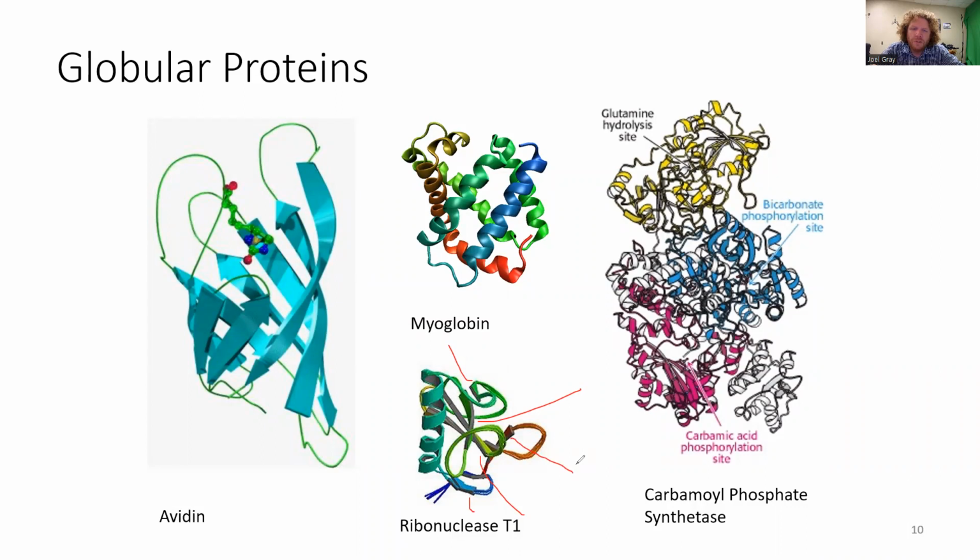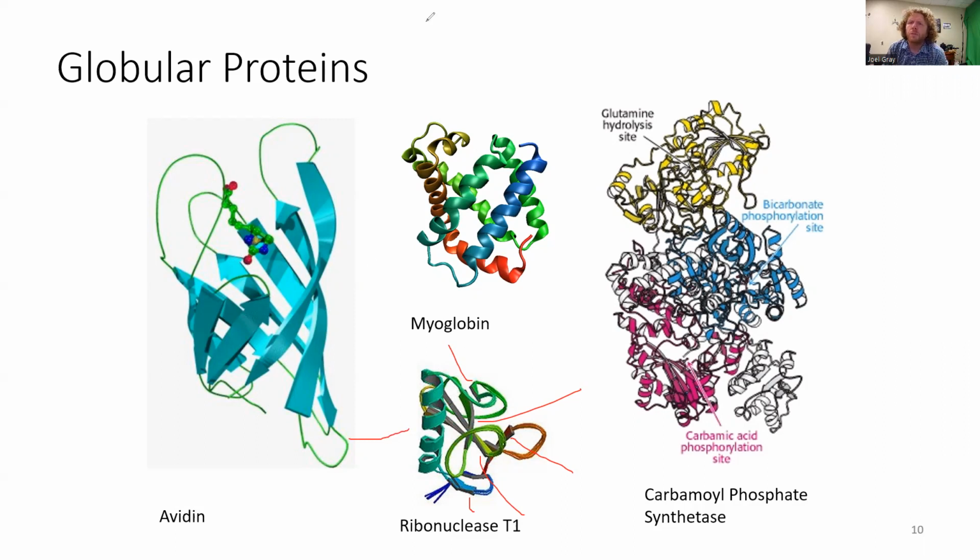So I've got some beta strands in there, and then on the left-hand side of the structure, I've got an alpha helix. So this is a combination of alpha helices and beta sheets. Then if you look at carbamoyl phosphate synthetase, well, that's a complex protein where we've got tons of different alpha helices and beta sheets going on.